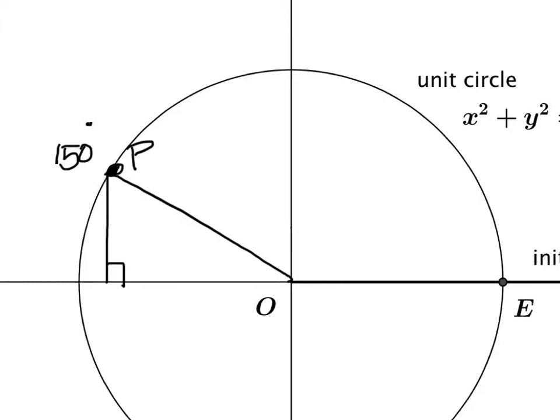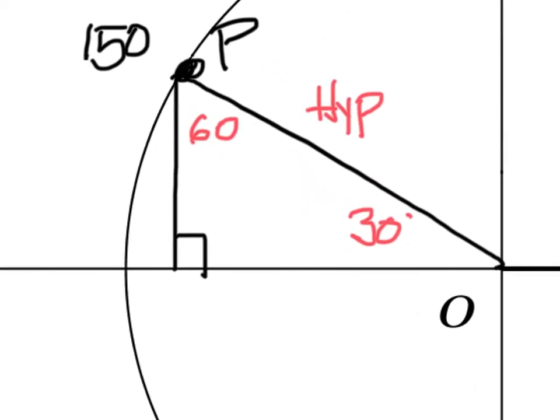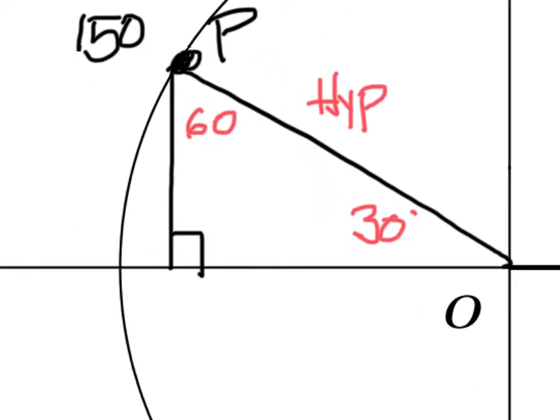We are essentially not dealing with 150 degrees, although that's what we're finding. But what we're going to be using in our calculations is what degree measurement? 30, because 30 is the difference between 150 and what? 180. Okay, and if that's a 30-degree angle, then this is going to be 60, and this will be your hypotenuse. And I'll zoom in on this stuff since that's all we're dealing with. This is going to be your long leg, and this will be your short leg.